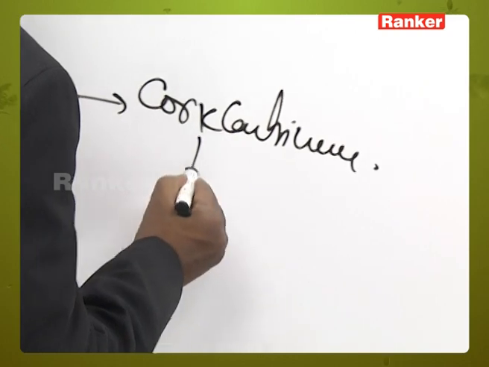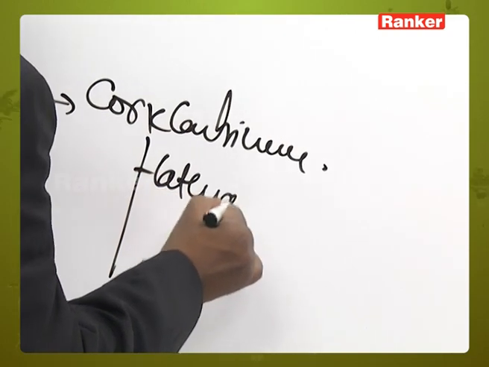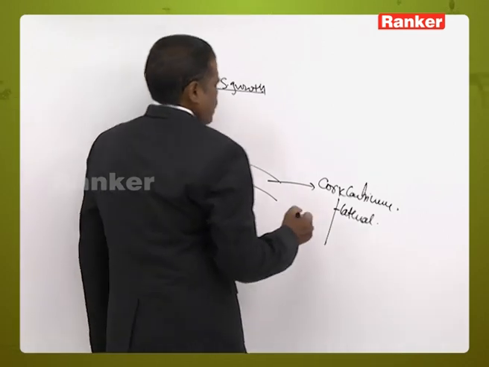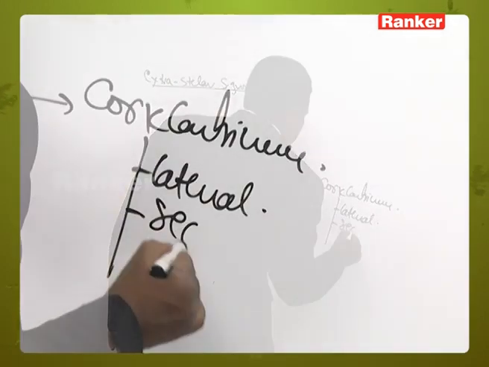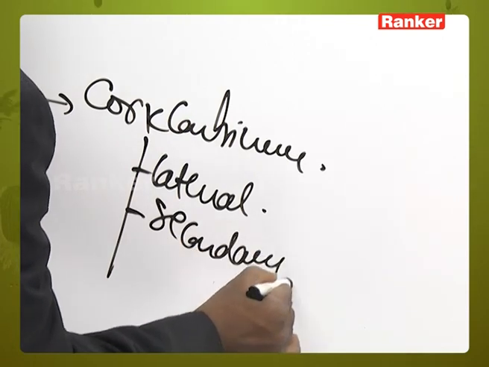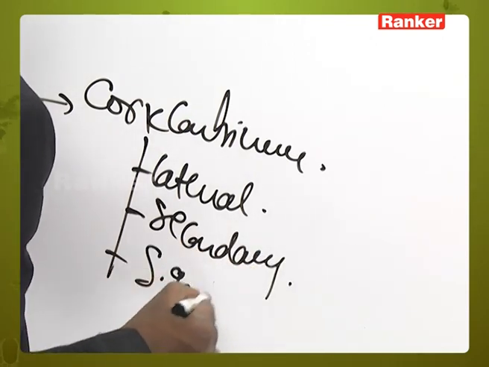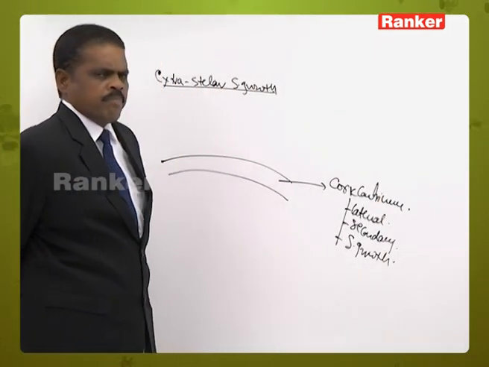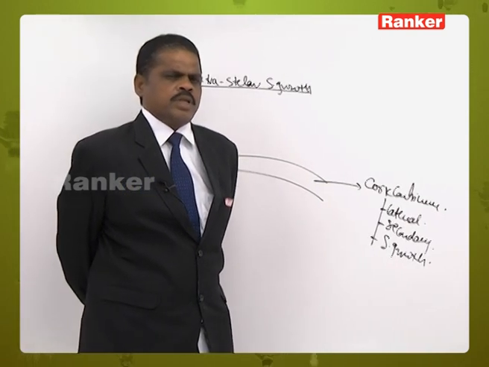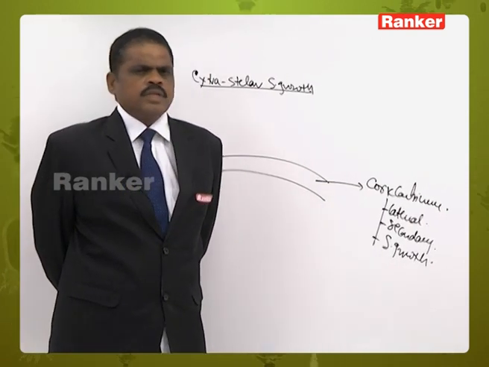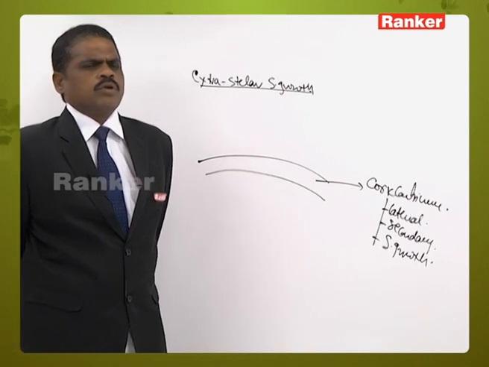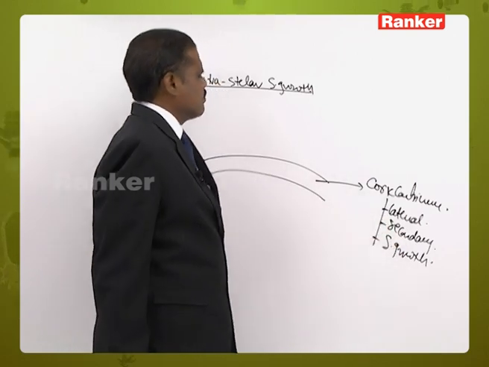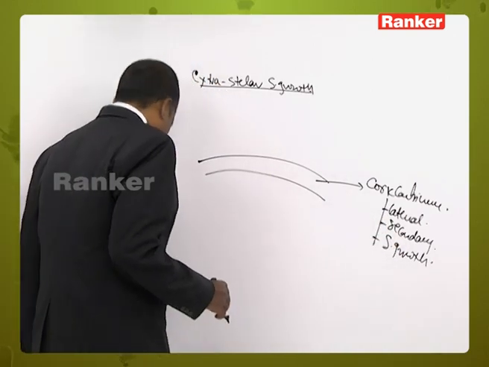Cork cambium is lateral in position, and cork cambium is secondary in origin, and its function is secondary growth. Why do I call it secondary in origin?